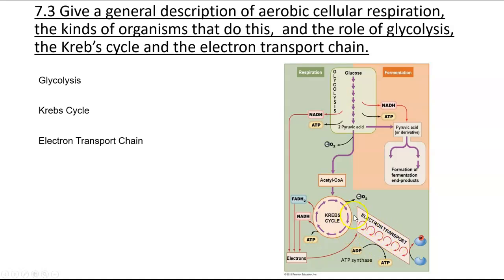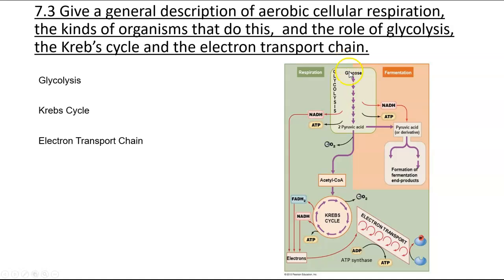As long as the electron transport chain keeps going, it powers an enzyme called ATP synthase. Now, when you look at that, you go, ATP synthase, what the heck does that do? Oh, it makes ATP.